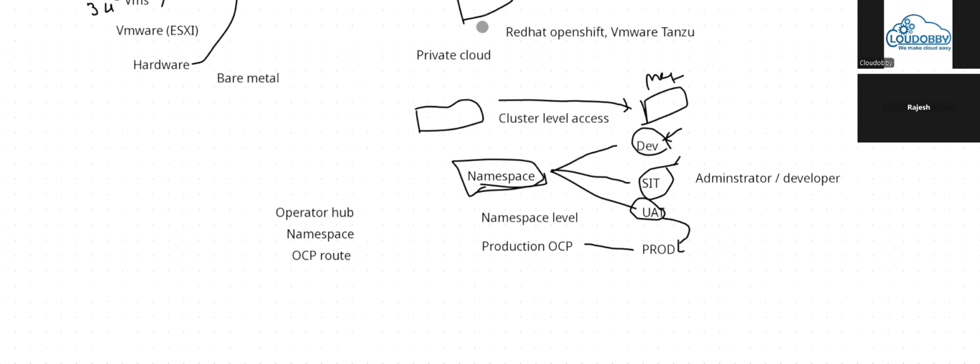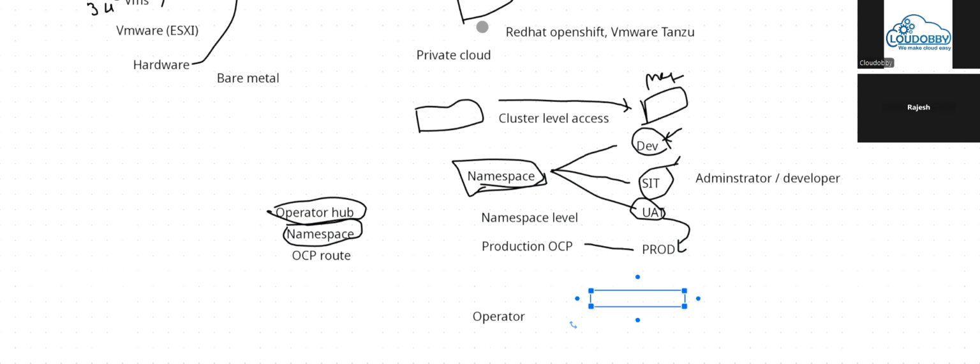Then we have something called operator hub. What is operator hub? The OpenShift platform has a lot of operators. For example, you want to have a cache solution. We use Redis. Instead of Redis, there is an operator called Red Hat Data Grid. These operators, you no need to go outside.